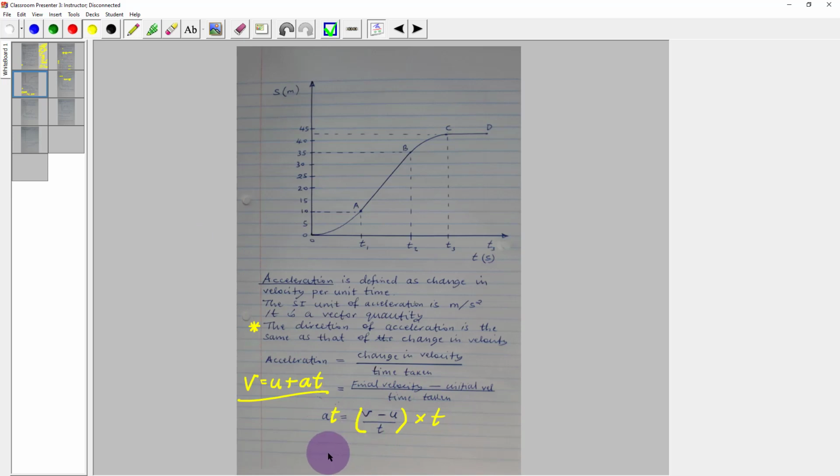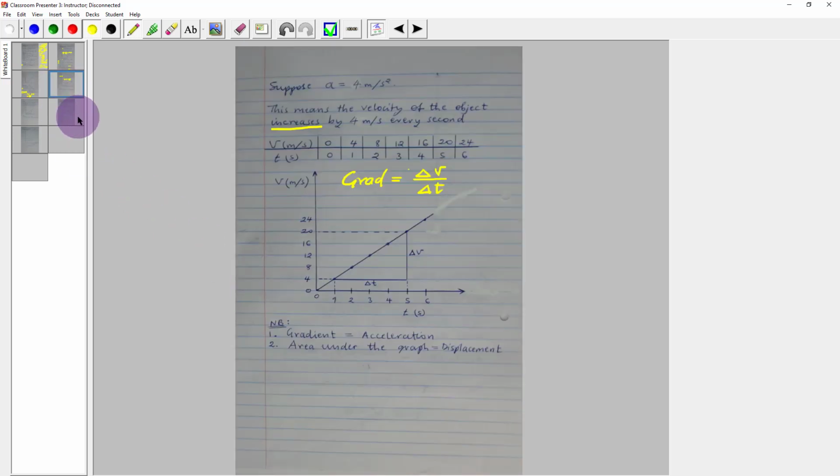You see here, I think we ought to have written that this v minus u is actually change in velocity divided by change in time. We ought to have written something like that. So let's continue. Gradient is change in velocity over change in time, and we can see that this is the same way that we have defined acceleration. So very important, gradient is equal to acceleration.